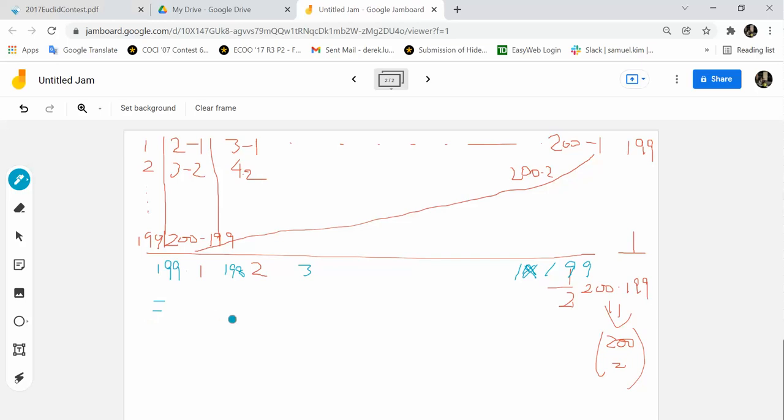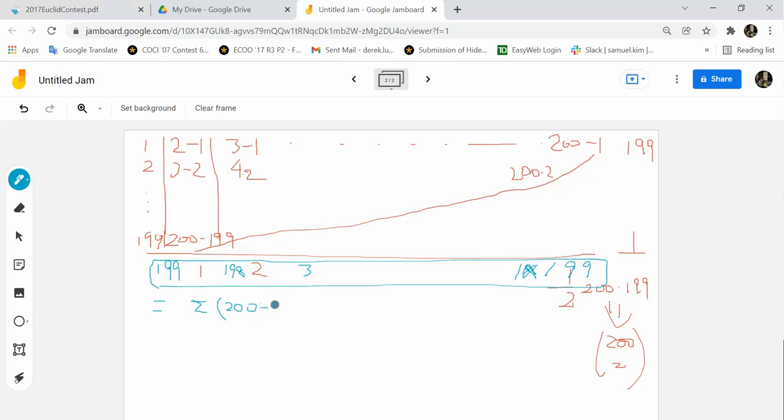But for this one, we need a skill to do it. So what do we do? We can use our formula, sigma, right? We can use sigma here. This one is what? This is 200. This formula is easy to get.